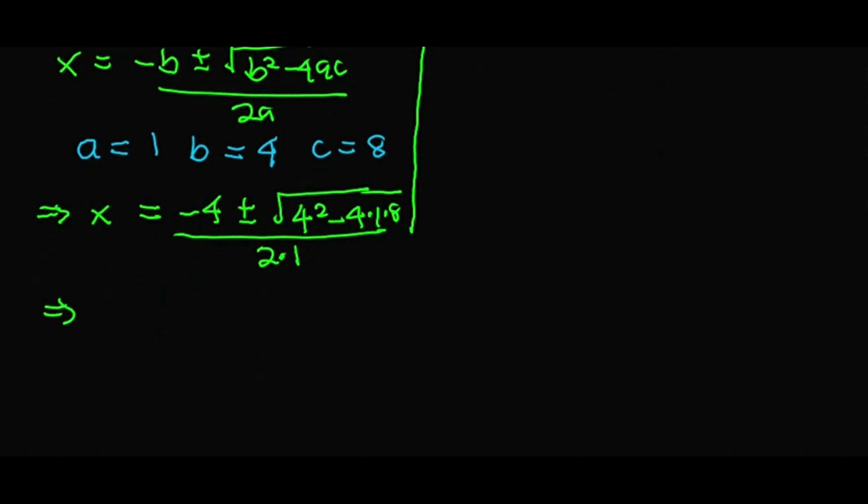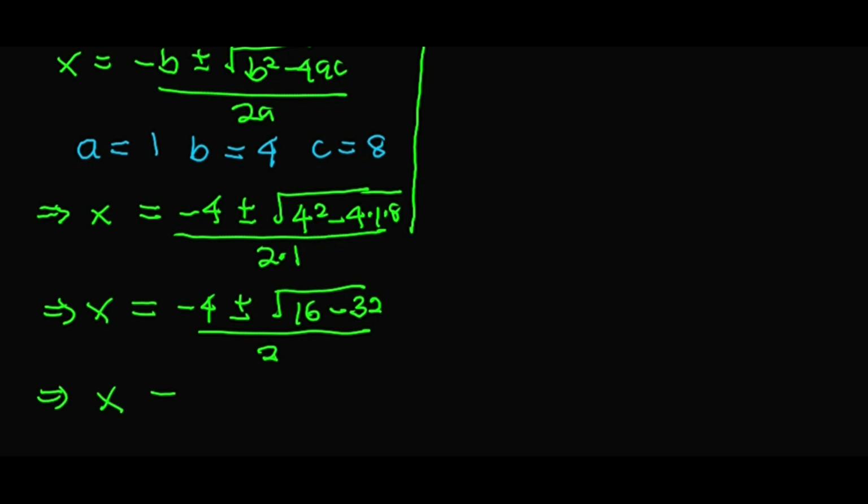So this implies x equals minus 4 plus or minus square root of 4 squared, which is 16, minus 4 times 1 times 8, which gives us 32, divided by 2 times 1, which gives us 2. This implies x equals minus 4 plus or minus square root of 16 minus 32, which gives us minus 16, all over 2.